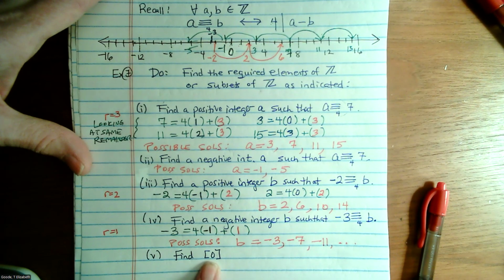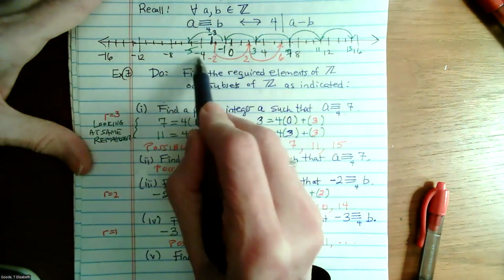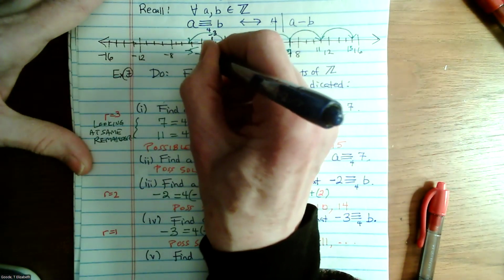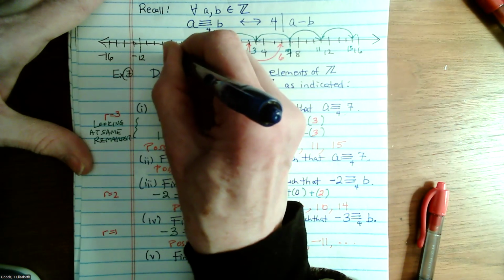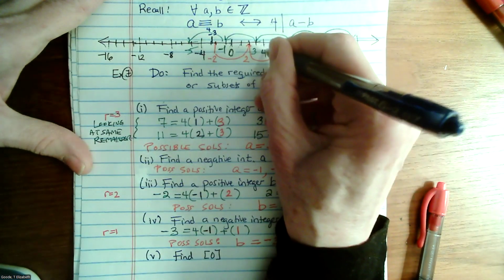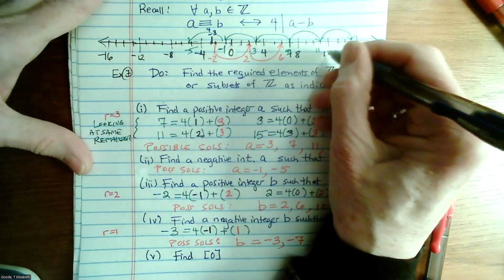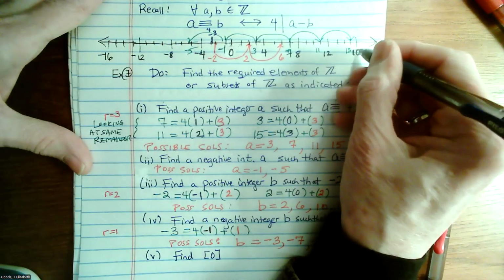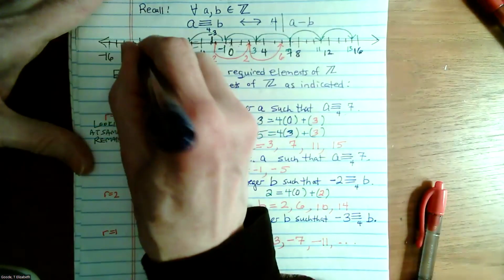Or you can think about it as integers that are separated from 0 by a distance that's a multiple of 4. These are the very first integers that I wrote down. These are all the multiples of 4. What's the remainder that they yield again when we divide them by 4?